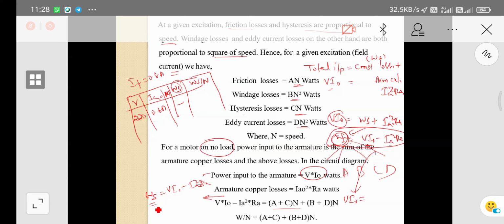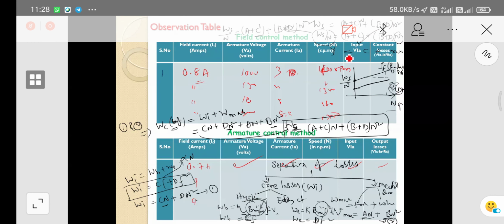The stray losses equal Ws, and Ws is equal to A plus C times N plus B plus D times N square.